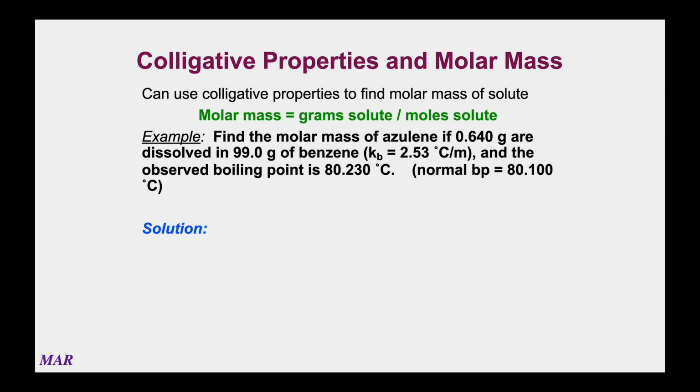This is an example of a boiling point problem, and we're trying to find the molar mass of azulene. And azulene is a compound that does dissolve in benzene, all right? And the normal boiling point of benzene is 80.100 degrees Celsius. With azulene in it, it's 80.230 degrees Celsius.